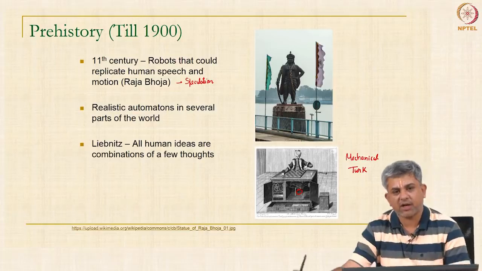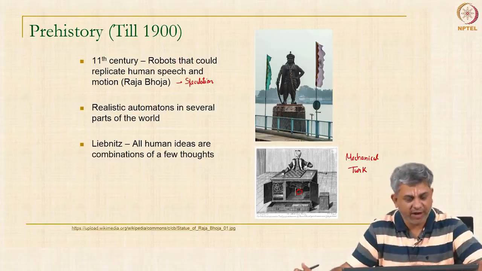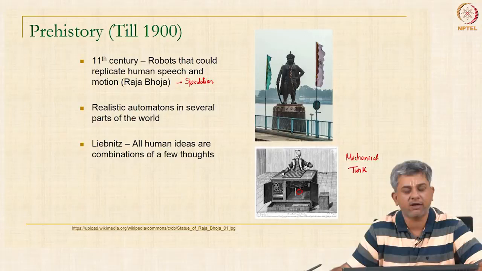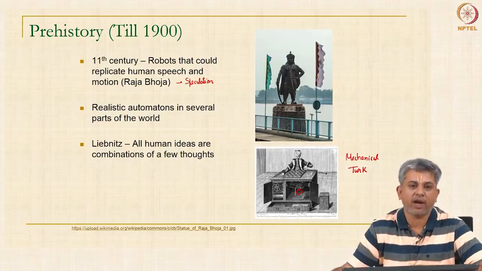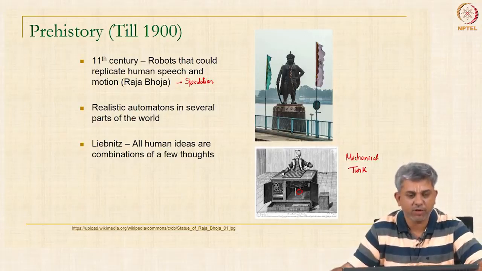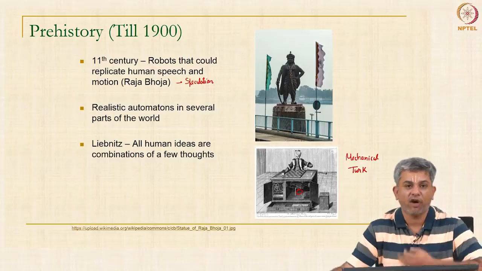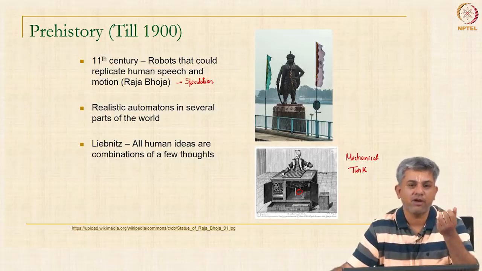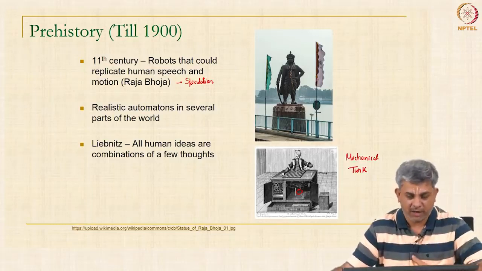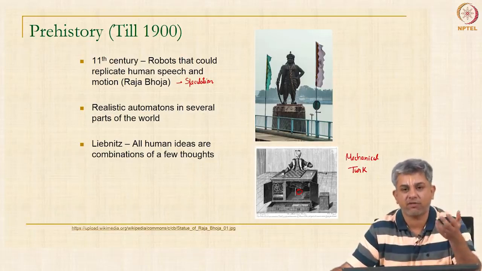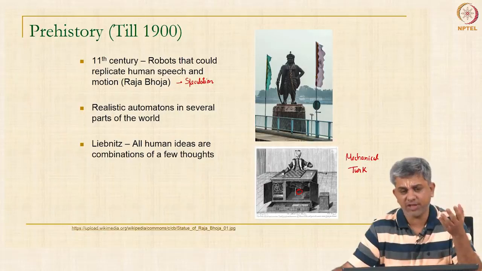Now Leibniz, he is also the father of calculus along with Newton, had an idea of a calculus of human ideas. We will come to this as we go on later, but Leibniz's idea was that every thought that we have is a combination of a few axiomatic, simple, basic units of thought. We do not go that way, but you can see an analogy with how modern machines are working. How do modern machines work?